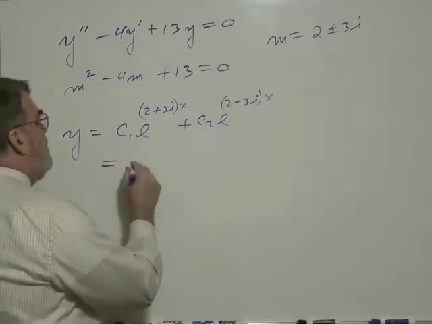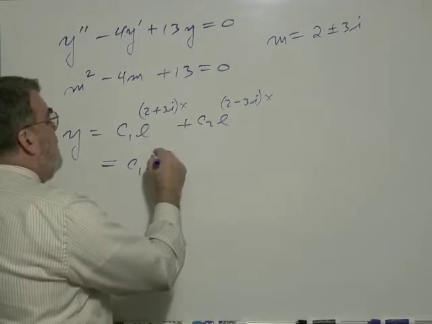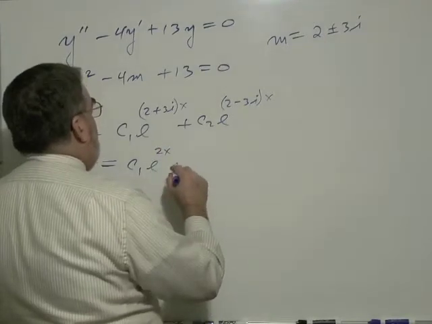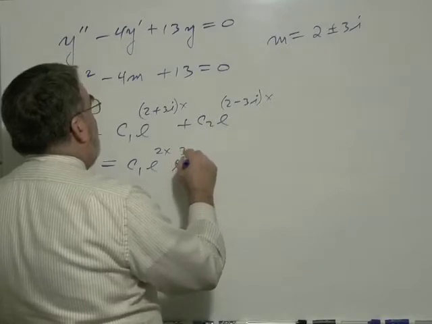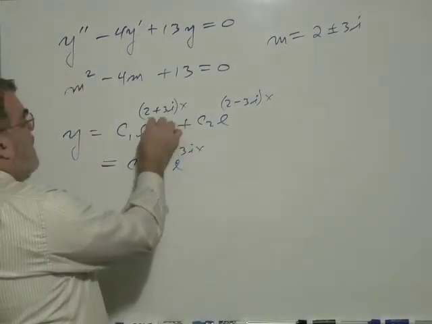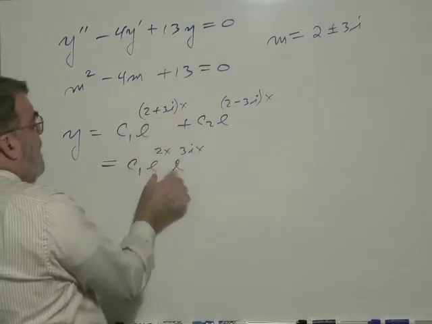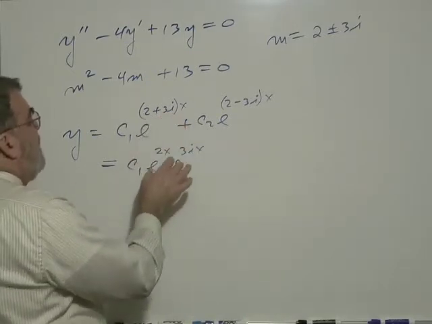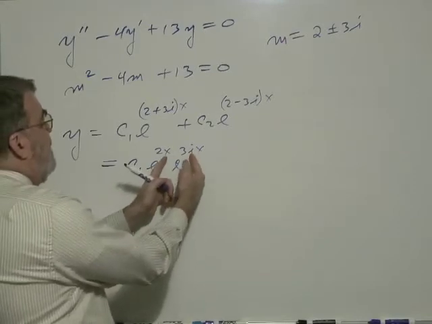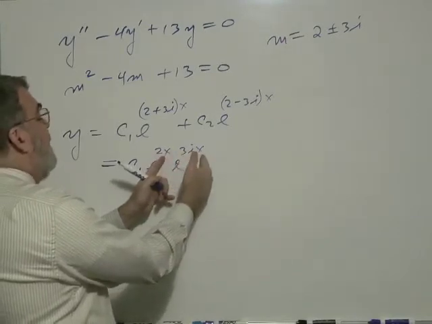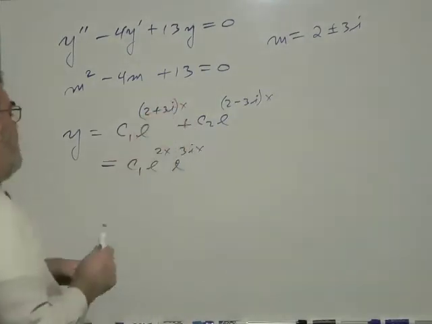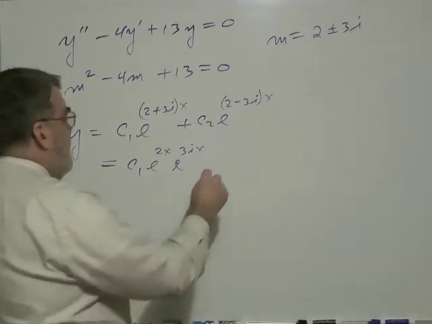This would be c1 e to the 2x times e to the 3ix. If I multiply the x through here and then break that up, notice that if I combine these terms together, I would end up adding these exponents. 2x plus 3ix would be exactly this, 2 plus 3i in parentheses times x. And then I'll do the same thing over here.